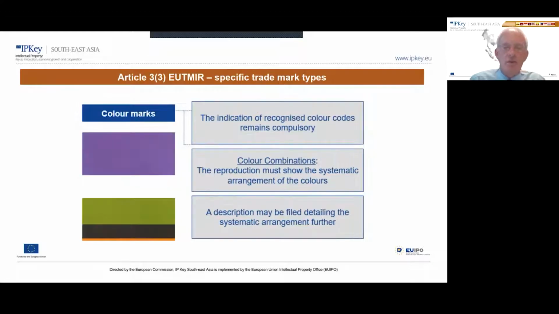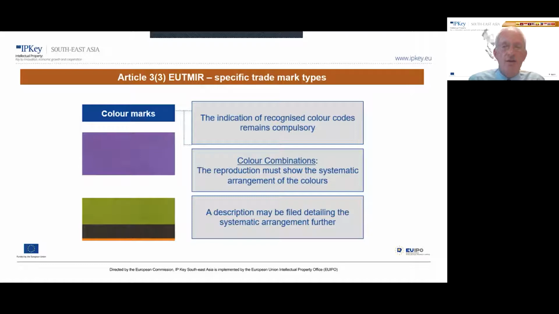In the case of colors per se and color combinations, the implementing regulation continues to require the addition of a reference to a generally recognized color code for the sake of legal certainty. With regards specifically to color combinations, the new rules reproduce the statement of the court in the Heidelberger case, that the colors must be systematically arranged in a predetermined and uniform way, which in effect requires that the approximate ratio and the positioning of the colors be shown in the representation itself.